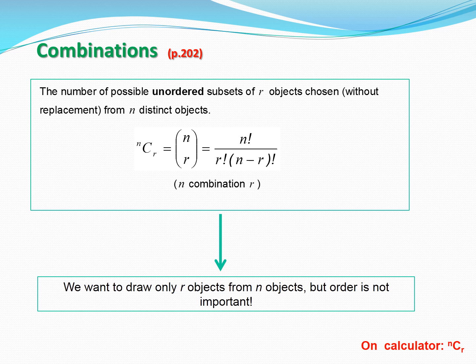It's n combination R. On the calculator, you're welcome to use the shortcut, then you don't have to use this formula. For the Casio calculator, that function is located above the division sign, and for the Sharp calculator, it's above the digit 5.